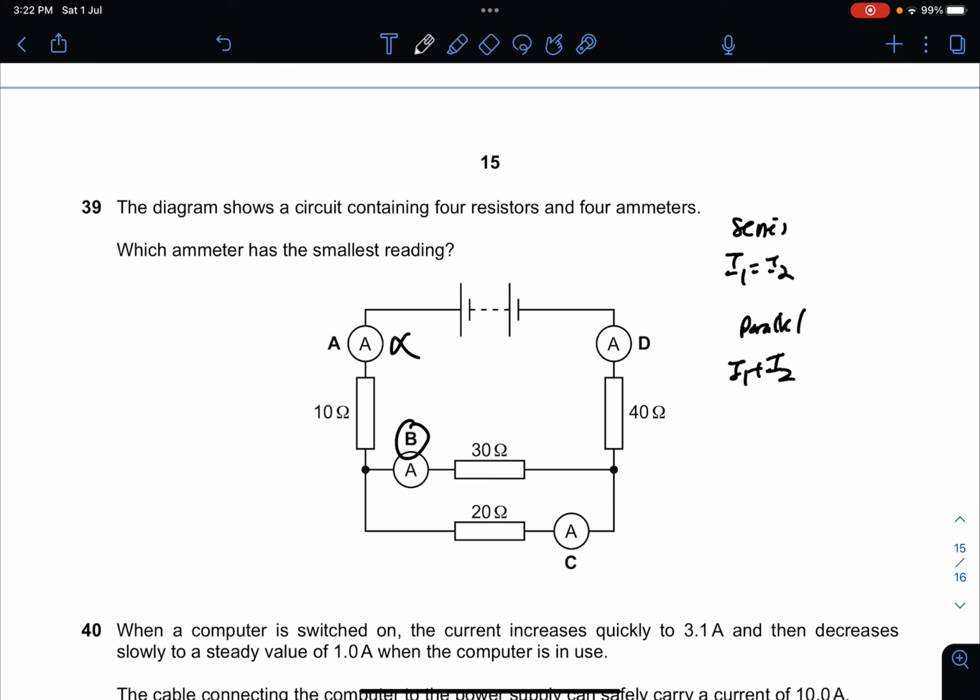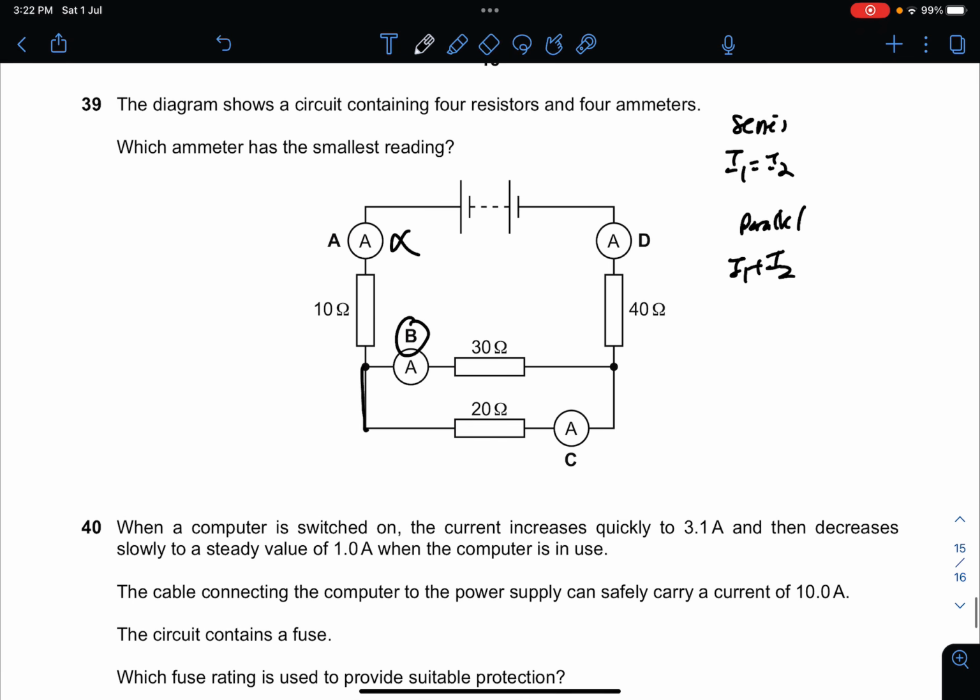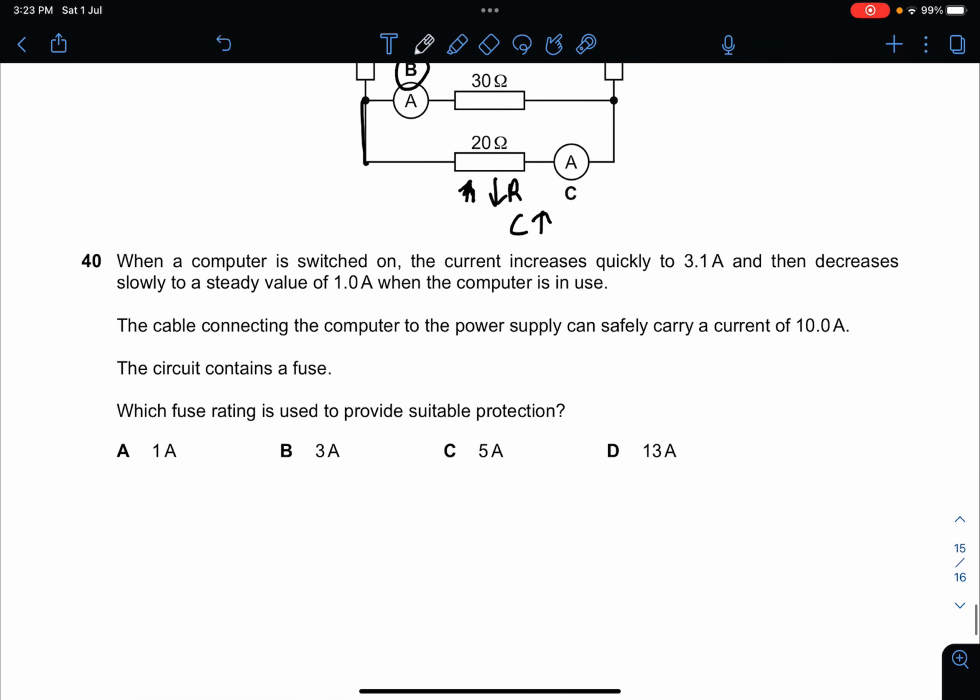Because it goes through here, it can still pass through here. It's just that suddenly here there is a 30 ohm resistor. So basically when resistance increases, current decreases. When resistance decreases, current increases. Okay. Last question.